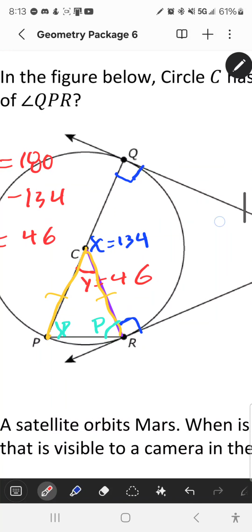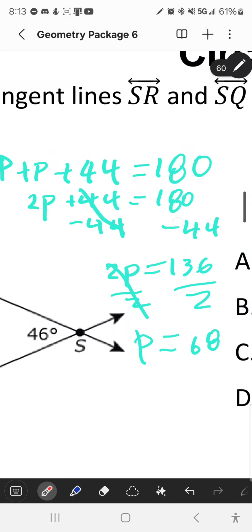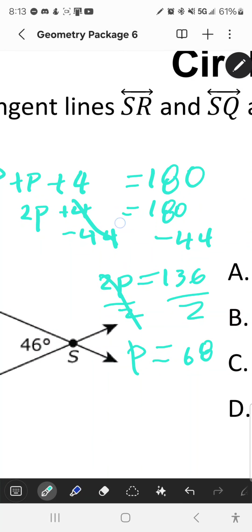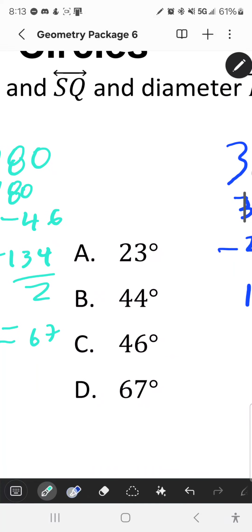I don't know what happened. Sorry about that. I was like, this doesn't make sense. So yeah, this is 46. So now it'll be 134 and this will be 67, which is choice D. Sorry about that.